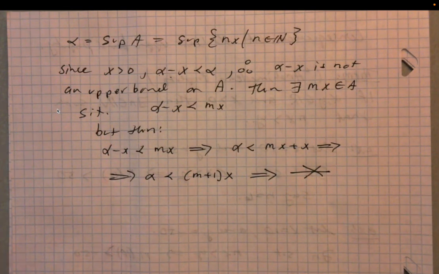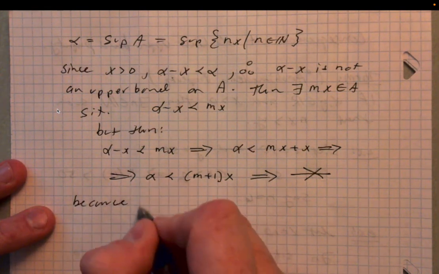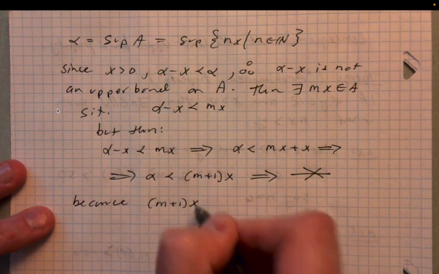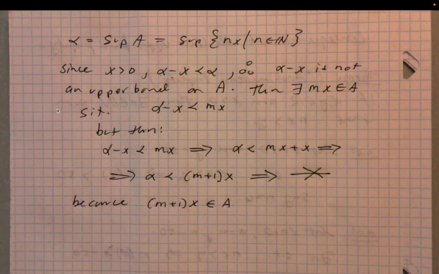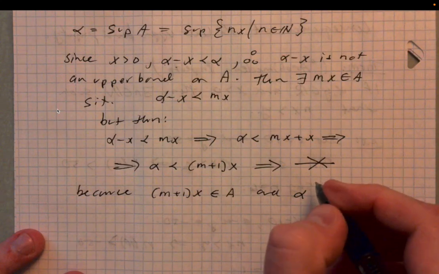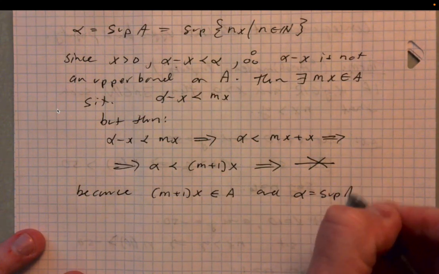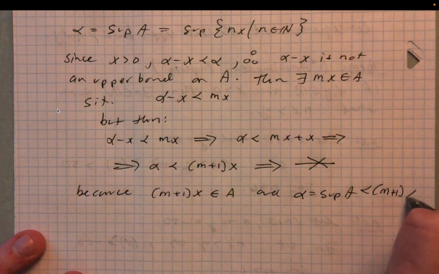It's a contradiction because m plus 1 times x is certainly an element of A. And what we can see here is that alpha, equal to the supremum of A, is less than an element of A, which of course can't happen.